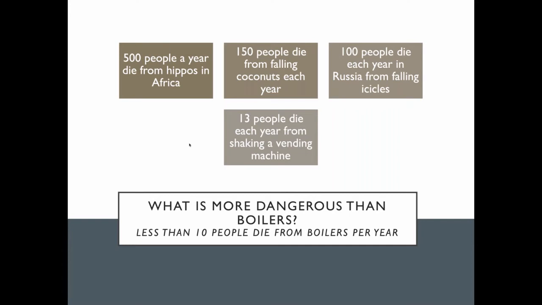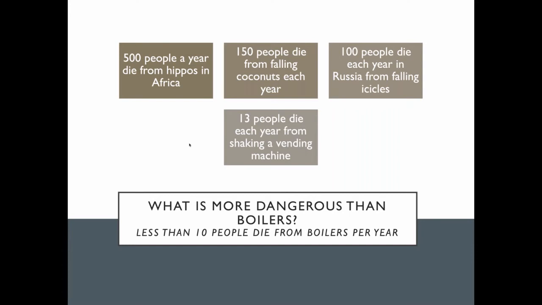You don't hear everybody thinking that coconuts are dangerous. And my favorite one is 13 people die each year from shaking a vending machine. And I think that, when you get up to the pearly gates, there's got to be a special couch they put you on when you're up there and they say, he died from shaking a vending machine.